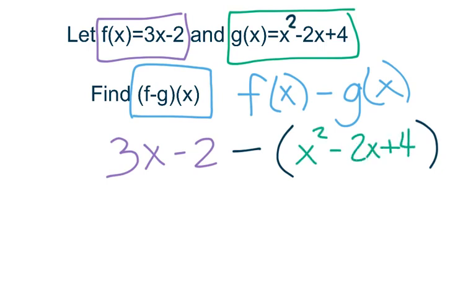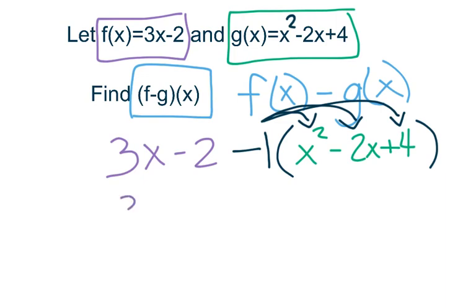So we are subtracting that entire function in green, which means we have to distribute, think of this being a negative 1, to everything in the parentheses. Because you are subtracting that entire quantity, you have to distribute that negative 1 to everything in the g function.